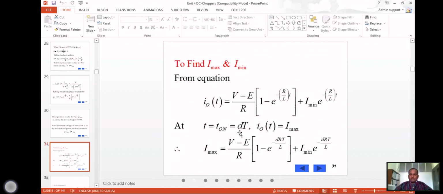In place of I naught t, you replace I max, and in place of t in R by L into t, you replace dT. If you replace dT here, then your equation will be in this way: I naught t is equal to I max, and with this R t, in place of t you replace dT.